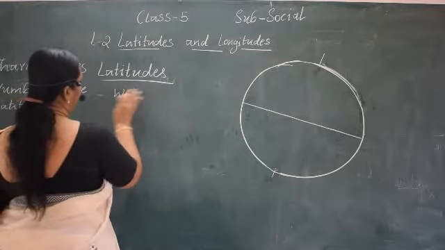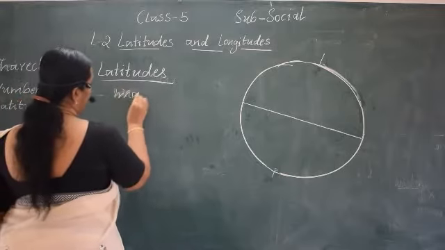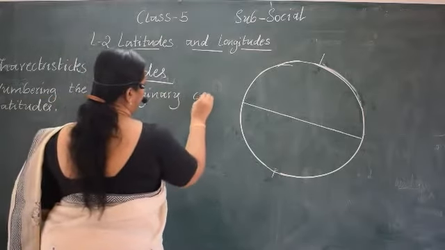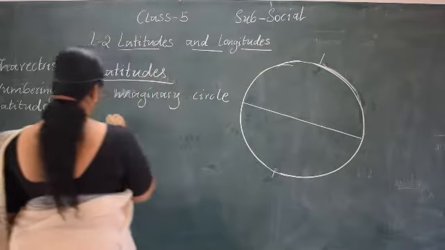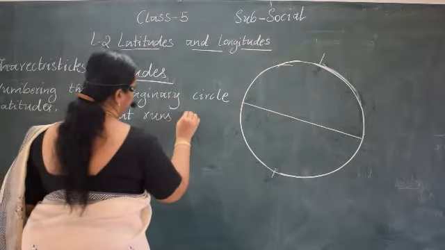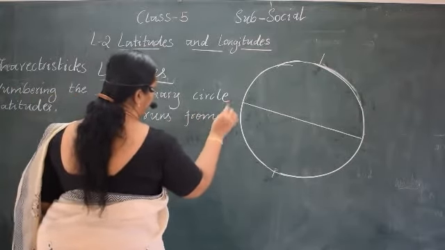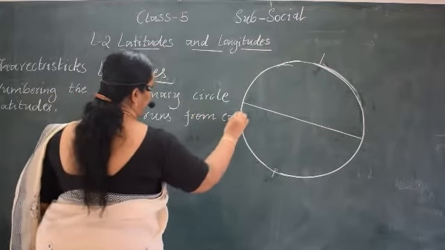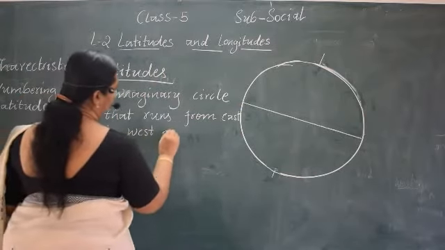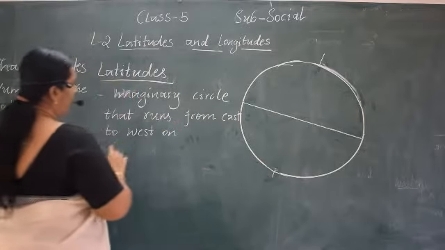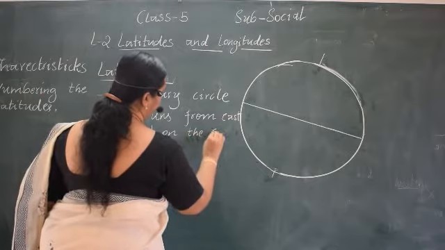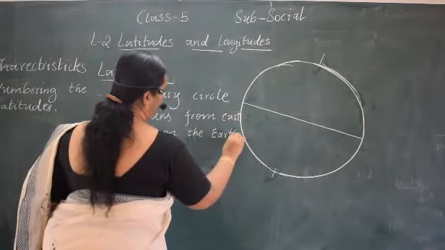Imaginary circles that run from east to west on the earth are called latitudes.